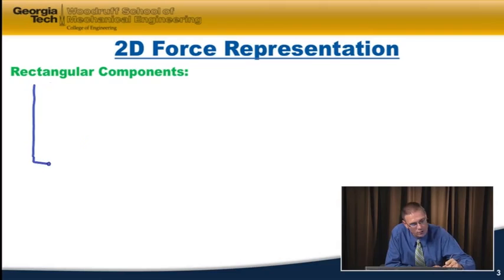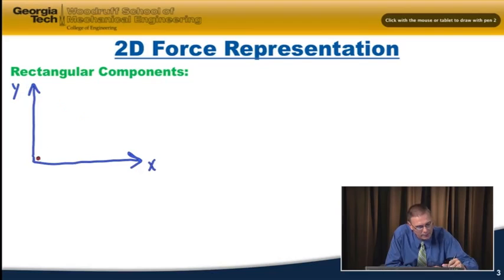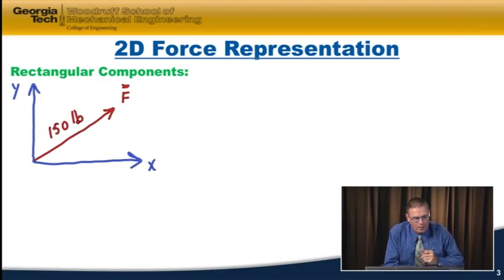So here's our Cartesian coordinate system, x and y. And we'll have a force acting up and to the right. And I'll label the force as a vector with a line above the symbol. And we'll say that the force has a 150-pound magnitude.